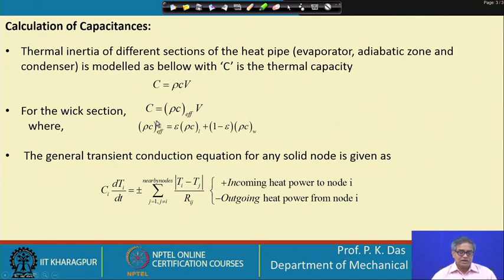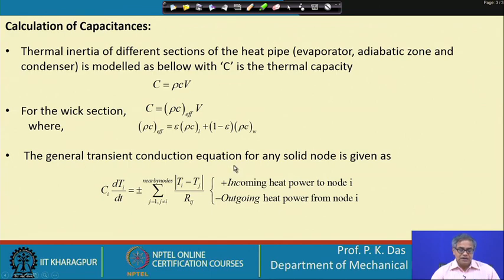For the wick section, of course, the rho and C both have to be taken as effective density and effective specific heat. So, here we have shown how it can be calculated, the rho C effective, knowing the porosity of the material.